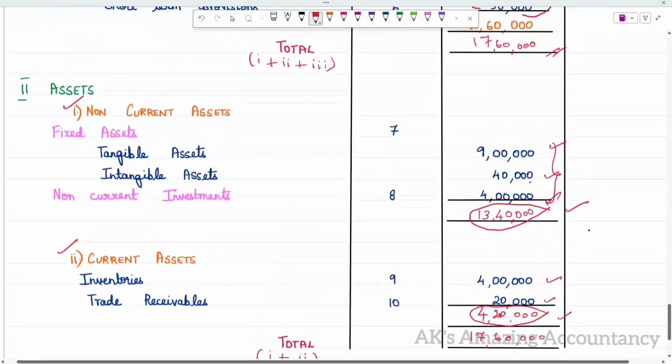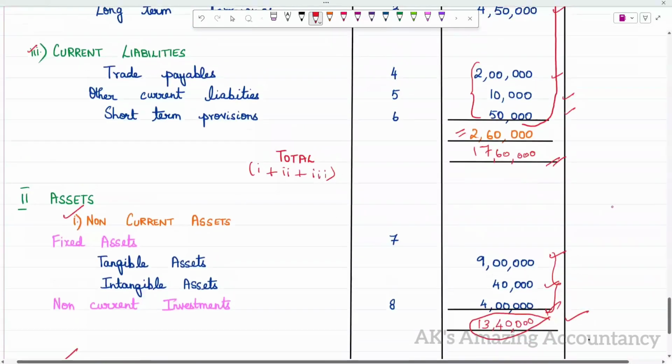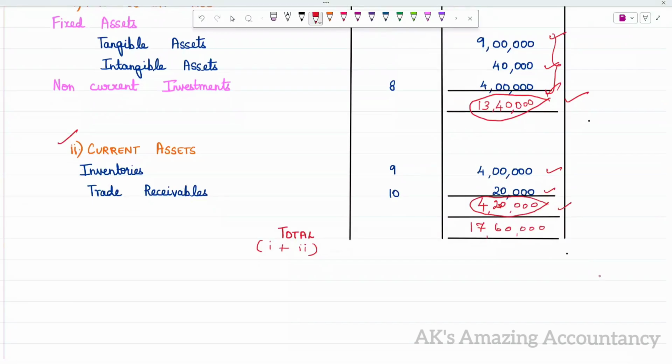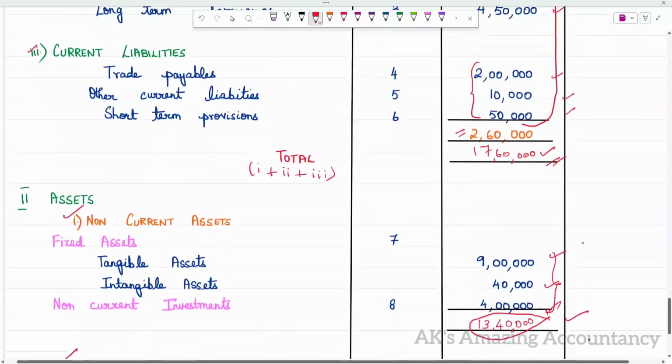So what I told you earlier, the total of equity and liability should be the same as the total of assets. So how much did we get as a total of equity and liabilities? It is 17 lakh 60,000. And what is the total you are getting as a total of assets? That again is 17 lakh 60,000. So our answer is correct. Okay. So this is how we have to prepare the balance sheet. Hope you are clear with the problem which I worked out today.